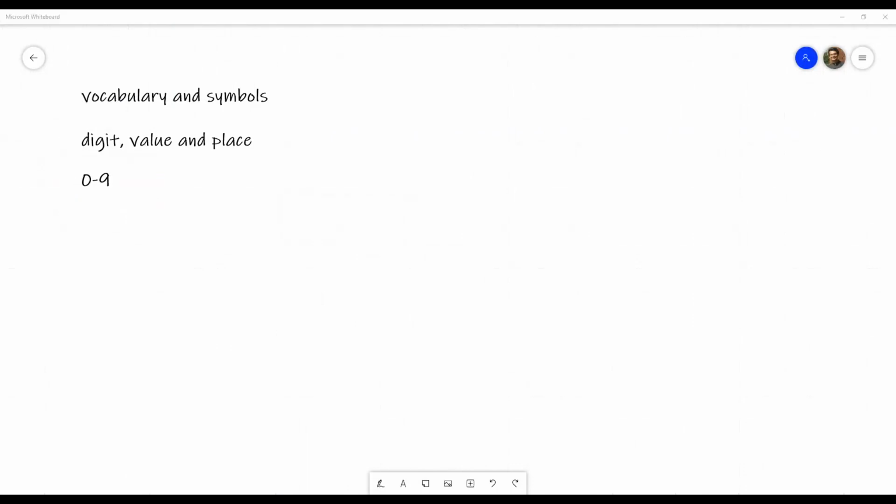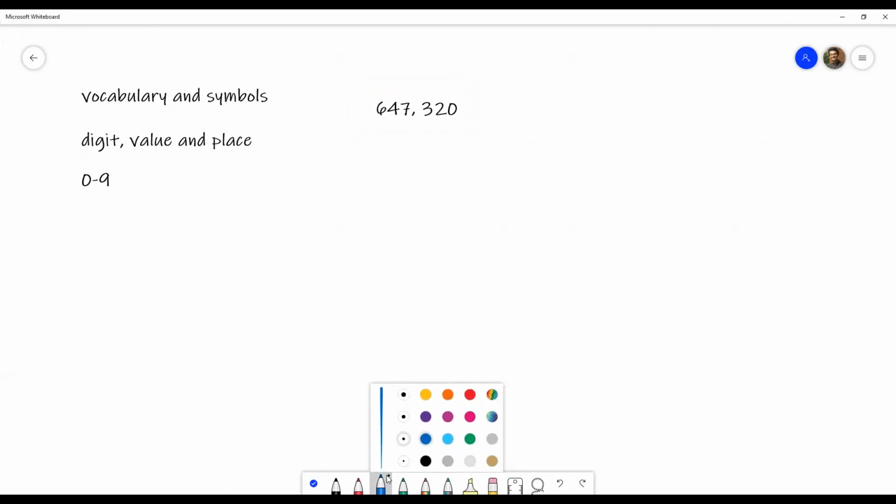And then there is value. Let me give an example, like the earlier one, 647,320. As I broke it down to you before, the value of this 0, what is it? Ones.